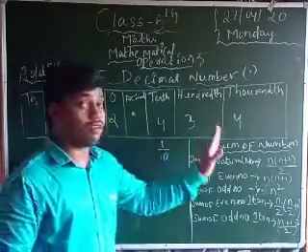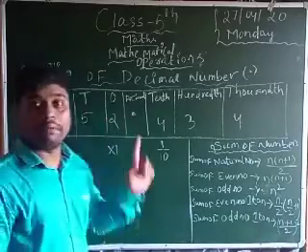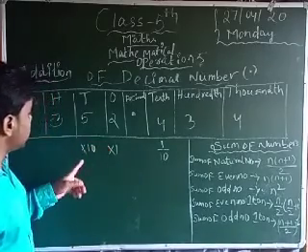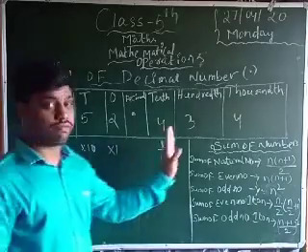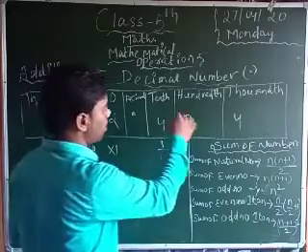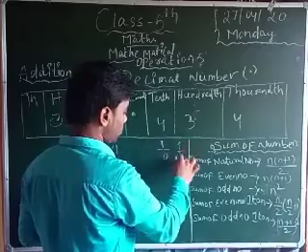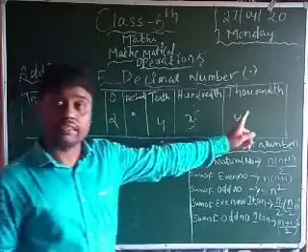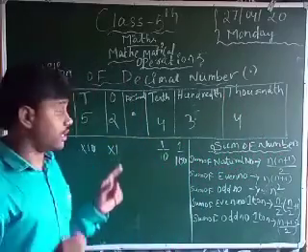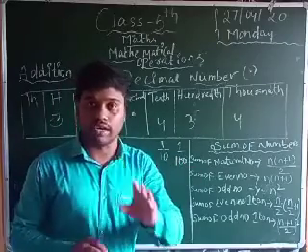Before the dot is multiplied: ones, then multiplied by 10, and so on. After the dot it is divided: tenths is 1 by 10, hundredths is 1 by 100, thousandths is 1 by 1000, not thousand. This is how you read it properly.